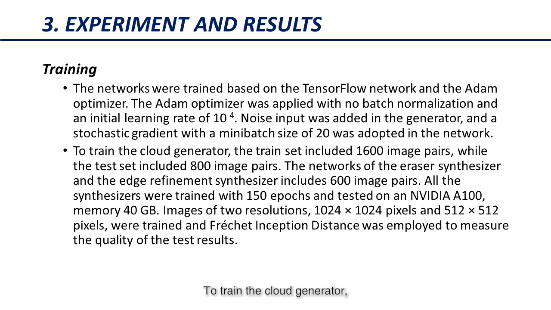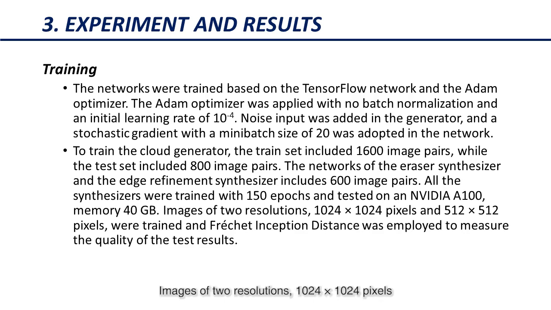To train the cloud generator, the train set included 1,600 image pairs, while the test set included 800 image pairs. The networks of the eraser synthesizer and the edge refinement synthesizer have 600 image pairs. All the synthesizers were trained with 150 epochs and tested on an NVIDIA A100, memory 40 GB.